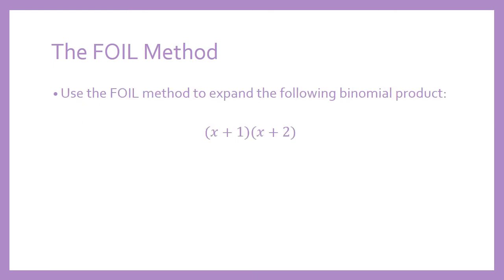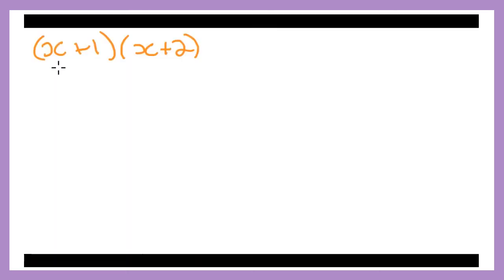So I'm going to use the FOIL method to expand the following binomial product. So we would say this is x plus 1 times x plus 2. So we're going to use the FOIL method to expand this binomial product. I'm just going to write that up here.